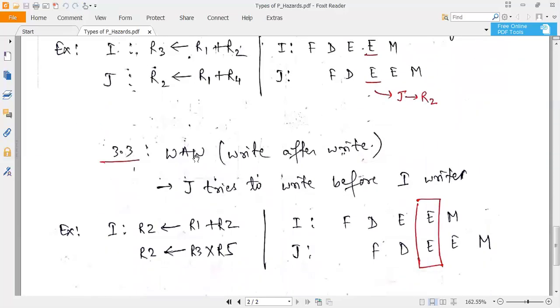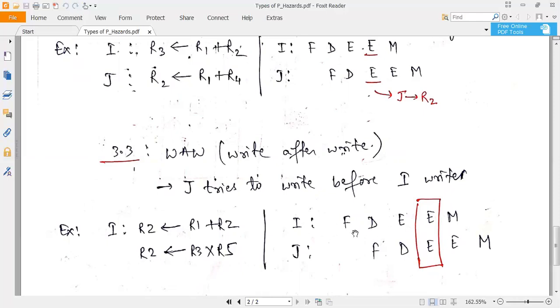And the last one, that is WAW, write after write. That means J tries to write before I writes. Logically I should write first and then J should write, but J tries to write first. See, I forgot to write the instruction name, please write J here. The content of something is stored in R2, again the content of something is stored to R2.